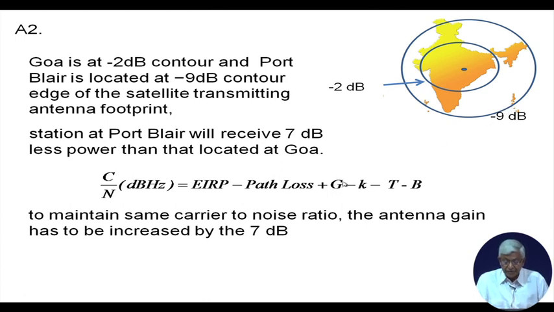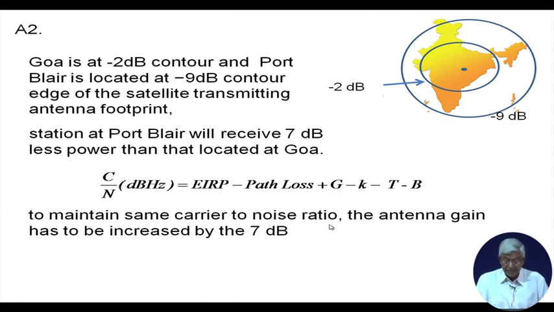So, therefore, the receive antenna gain has to be changed to take care of the reduction in EIRP, because the transmit antenna is lowering the gain by 7 dB. So, therefore, since it is lowering by 7 dB, you increase the gain of the antenna by 7 dB here.